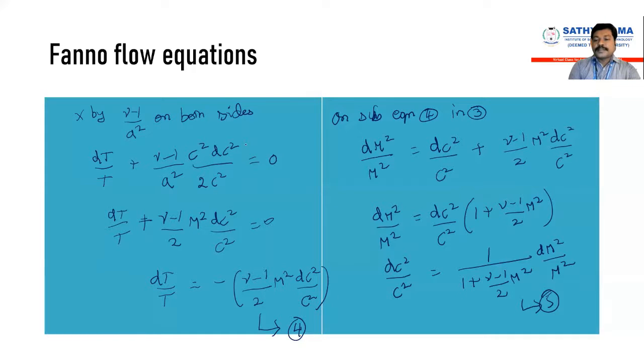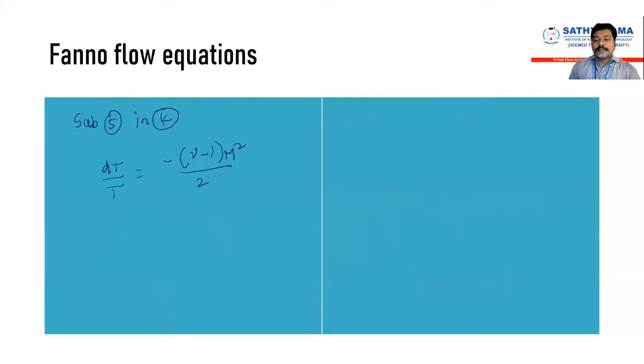So instead of dc squared by c square, you are going to include this equation, divided by 1 plus gamma minus 1 divided by 2 M square, and then we have dM square by M square. So this is your equation for dT by T. Yeah, we can cancel M square, but it is not good. So we can have this dT by T equation. This is said to be your equation number 6.